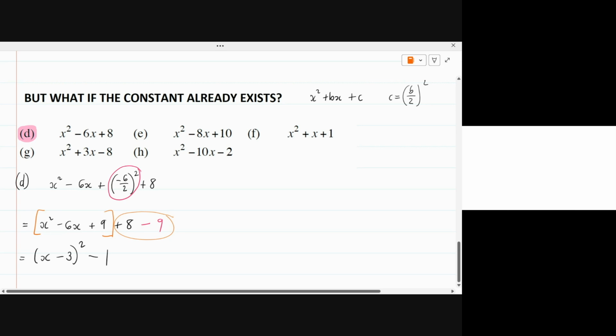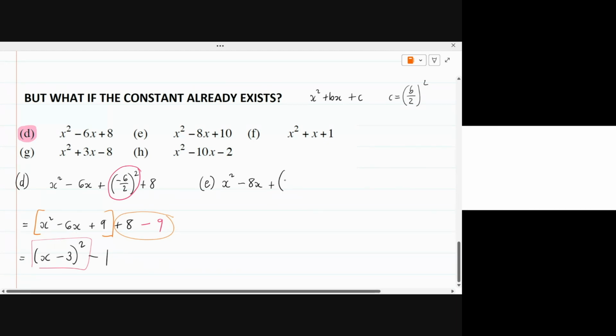Shall we try the other one? Let's try E. I know that I want part of my answer to be a perfect square. I am sorry, Narisha. So let's go ahead and do what we do. We're going to go x squared minus 8x, and then I'm going to go plus, and I'm going to open a bracket so that I can make it a perfect square.